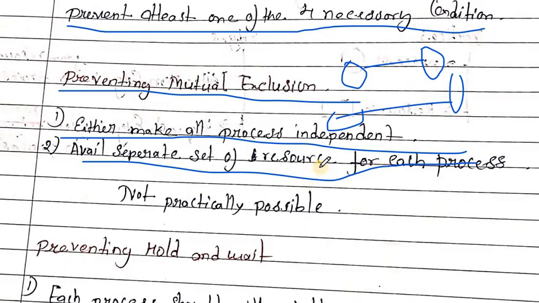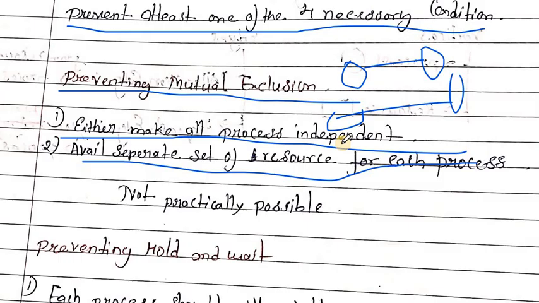If we have multiple processes asking for keyboards, say 10 processes asking for 10 keyboards, then we will provide them 10 keyboards. It's not possible always, no?